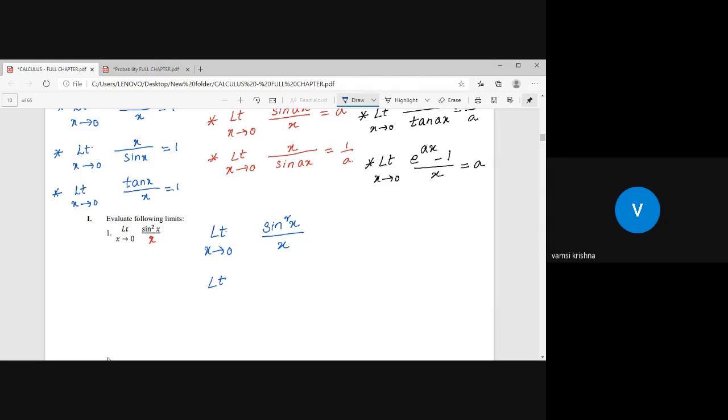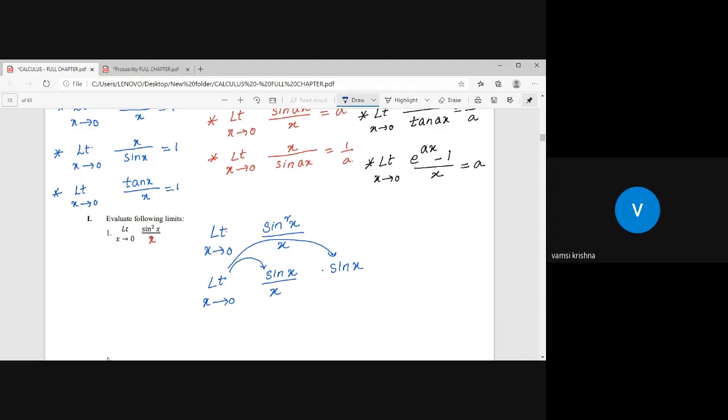Now sine square x is nothing but sine x into sine x, divided by x. So here you can distribute the limit also. For suppose if you have limit f of x into g of x, you can write limit f of x into limit g of x. Limit can be distributed to both.